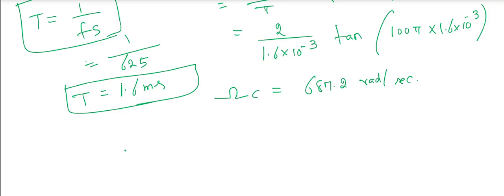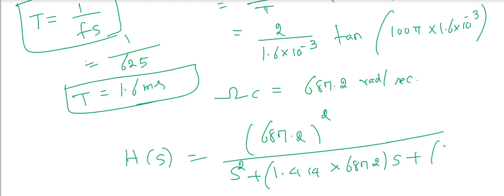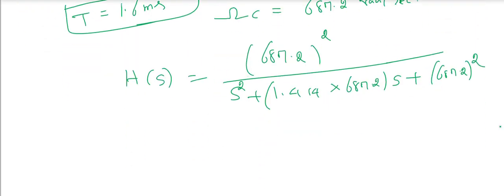Now you can write H of s equal to omega c squared, 687.2 the whole square, divided by s square plus 1.414 into 687.2 into s plus omega c squared, 687.2 the whole square. Next you find H of z.